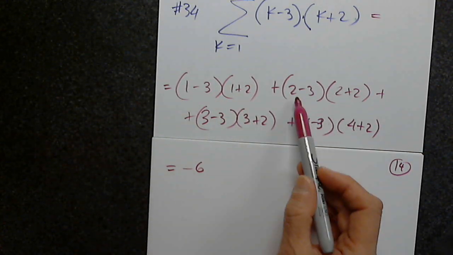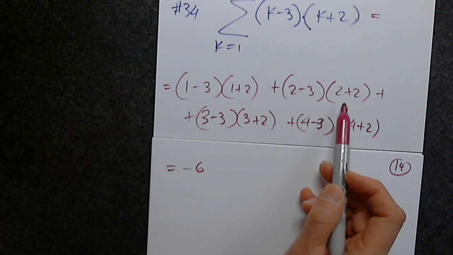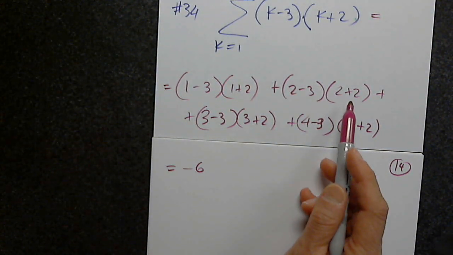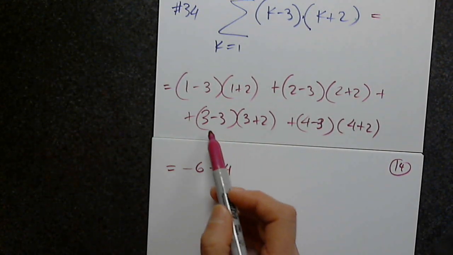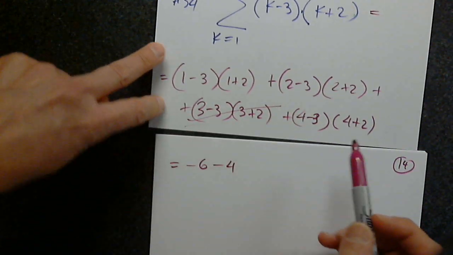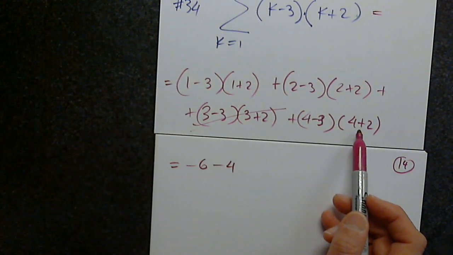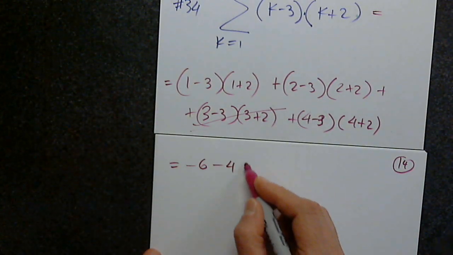Perfect. 2 minus 3 is negative 1 times 4. Very good. 3 minus 3. 4 minus 3 is 1, 1 times 6 is 6.